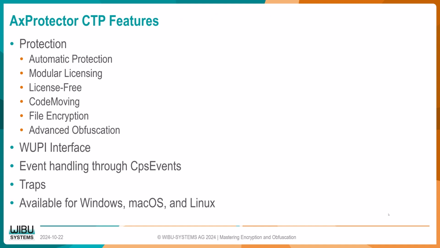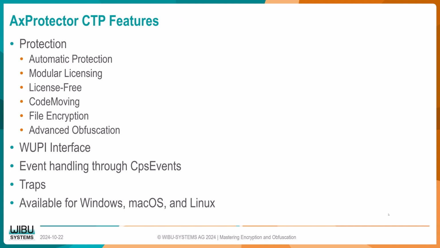Automatic protection means we have one executable, one library, DLL, dylib, shared object. And we say we want to protect this application with a CodeMeter license, firm code, product code. And then it should only work if the license is there. So this feature is available for AxProtector Classic and AxProtector CTP.